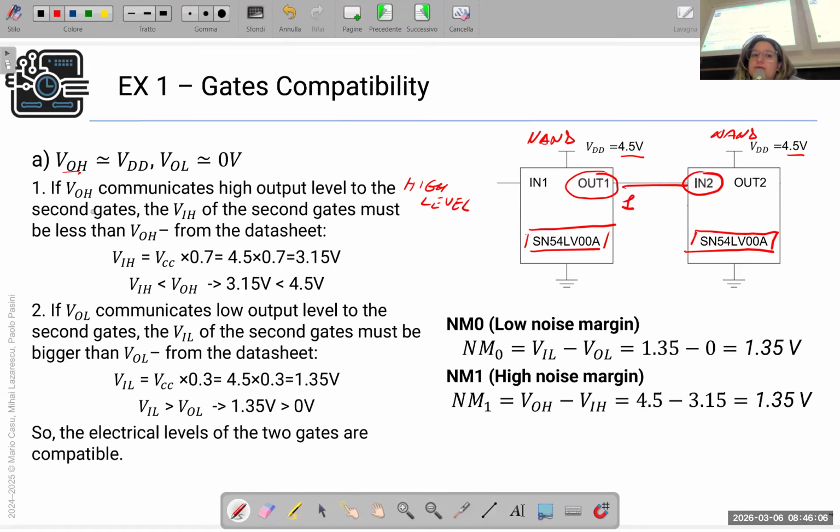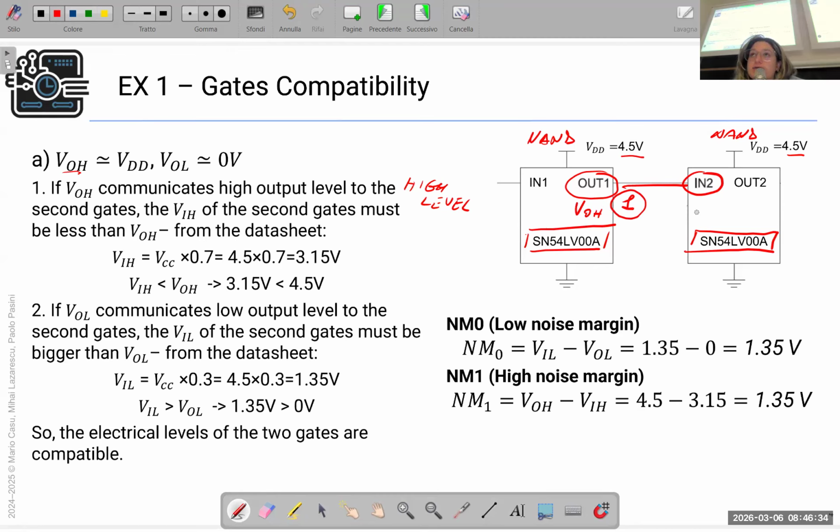VOH, which communicates the high output level, must be higher than the VIH of the second gate, from the data that you can read from the datasheet. If gate 1 sends 1 to the second one, this is the VOH that we have to see.